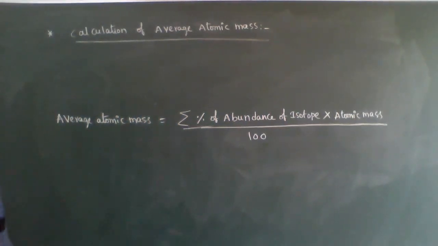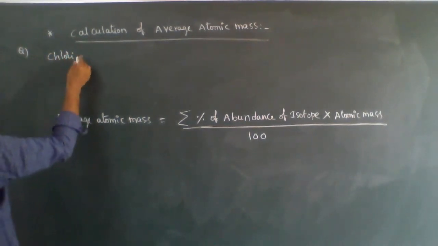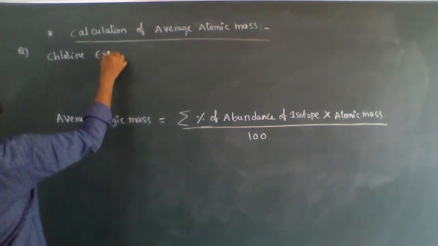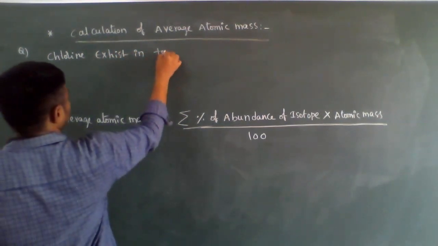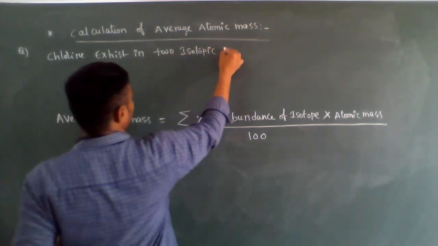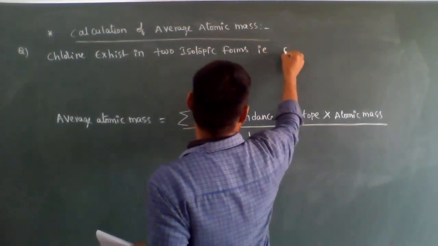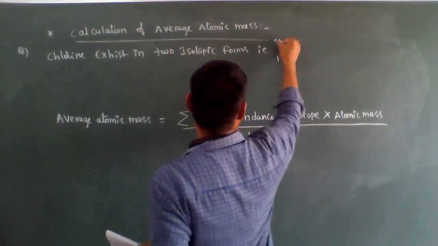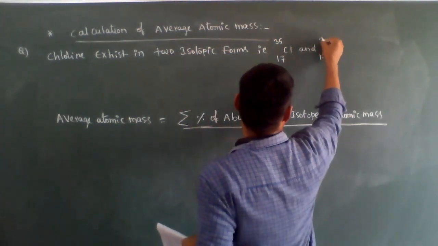Let's see one very, very important example. The question: chlorine exists in two isotopic forms, that is chlorine 1735 and chlorine 1737.